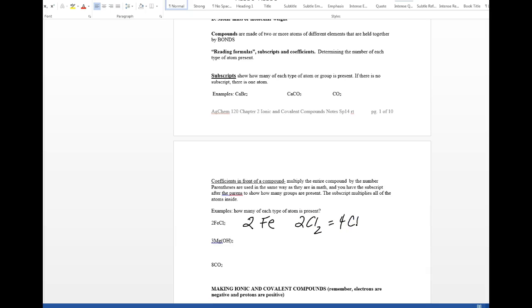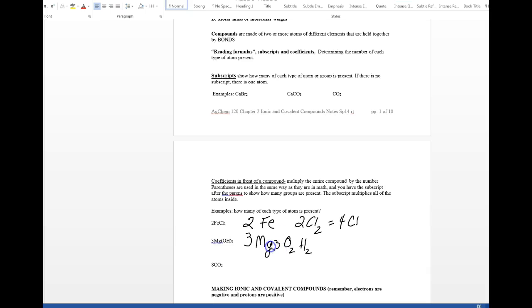There we go. So now for magnesium hydroxide, since that's got a metal and a non-metal, we have 3 Mg's because I've only got 1 magnesium. For each one of the hydroxyl groups, I've got 1 O and 1 H, and I've got 3 times each of that.